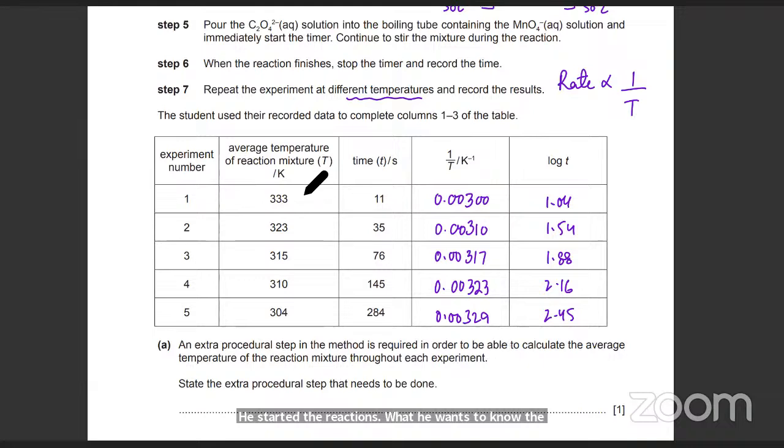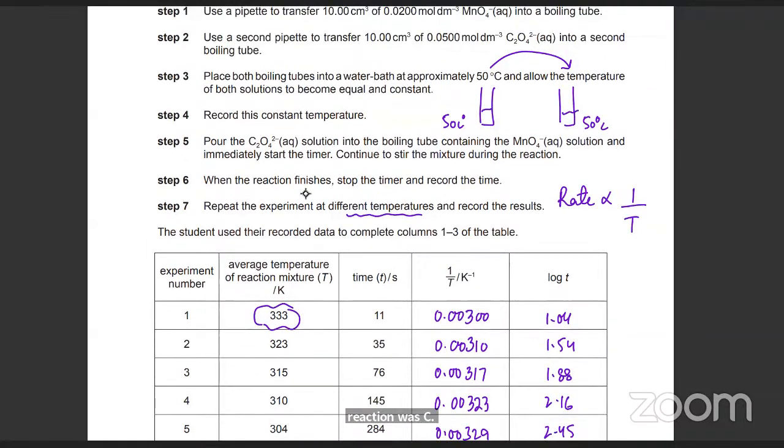So you started a reaction at 333. How do you calculate the average temperature throughout the first experiment? If you're doing experiment number 1, what other temperature value should you have? You know the starting temperature was 333. You've mixed those tubes together.